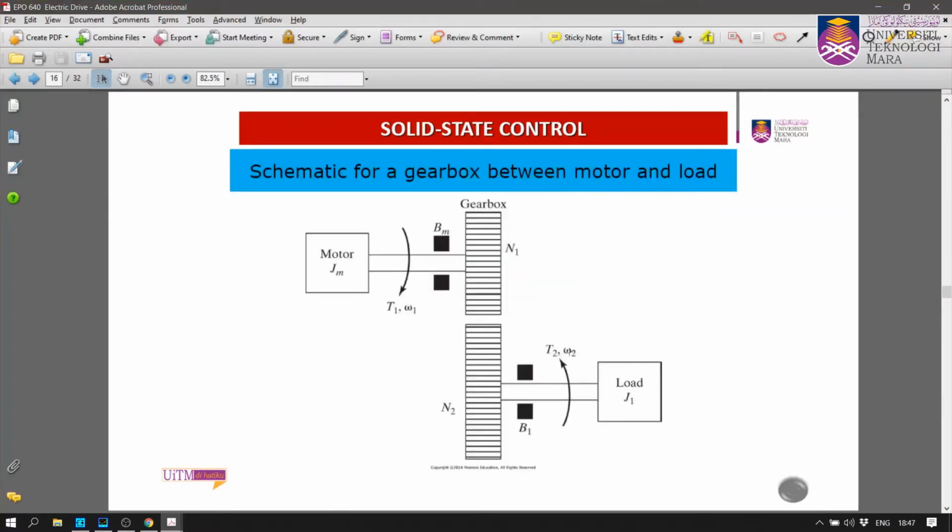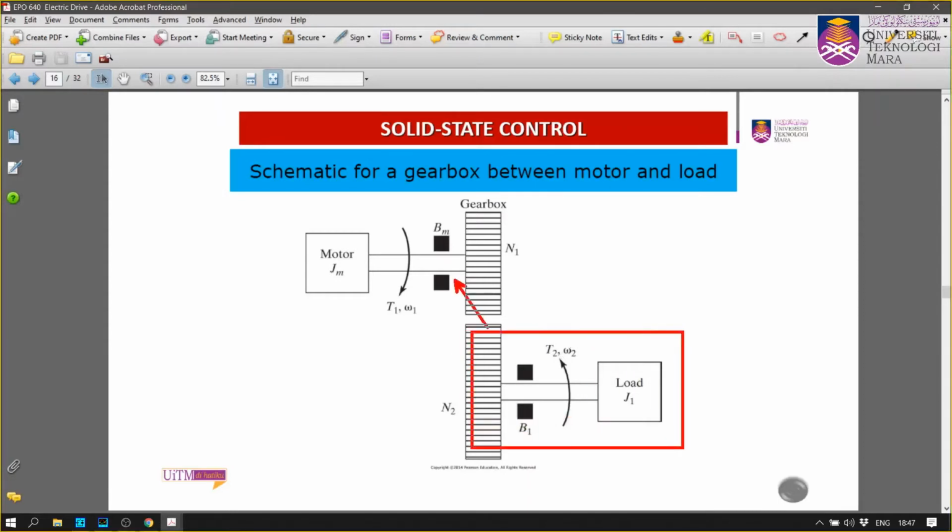You transfer all of this term to the primary side, for you to calculate the total equation there.